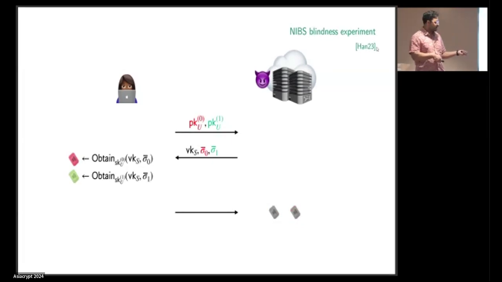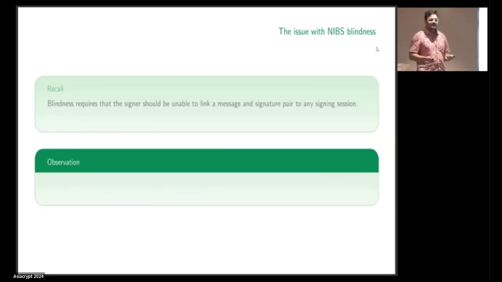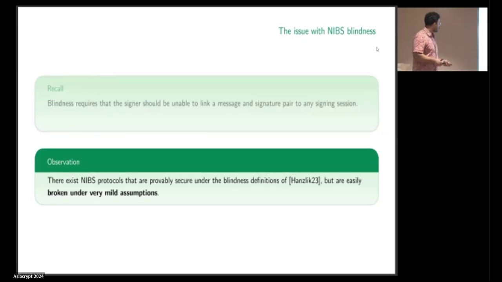The security requirement is that the adversary should not be able to tell which of these tokens is red and which of these is green. And yes, this does seem to capture some notion of blindness. But it turns out it's not quite the notion that we want.